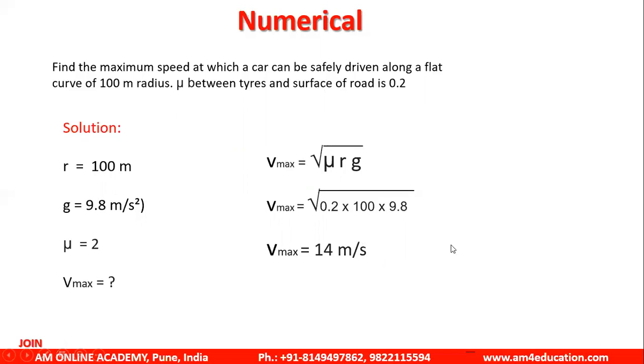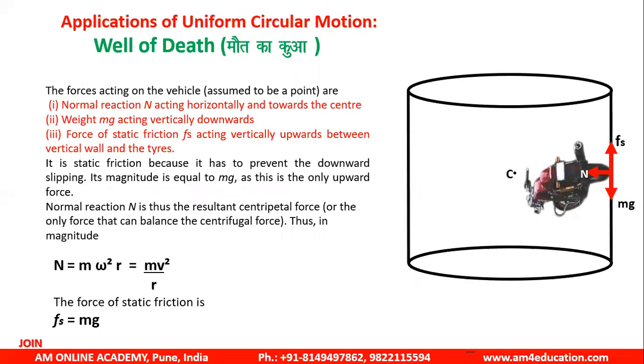So this is the first application of circular motion. Now let us see the second application as discussed in the textbook, that is the well of death, or maut ka kuwa. Now this is the well of death, and we are taking the example of a motorbike.